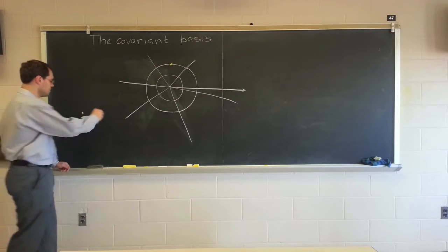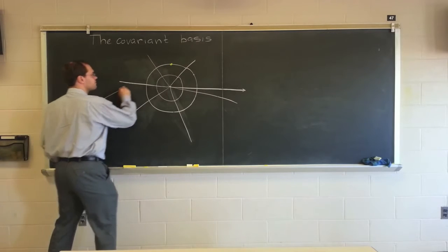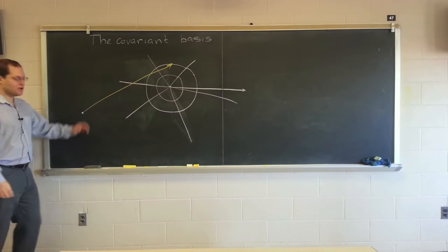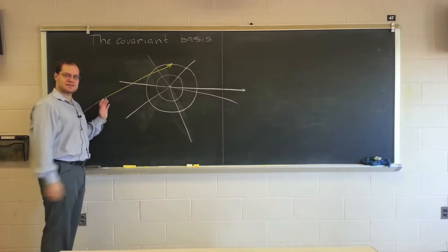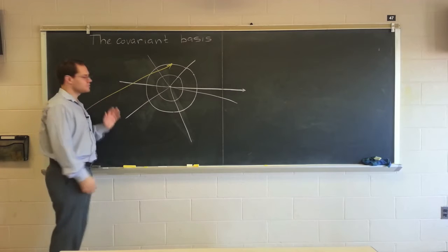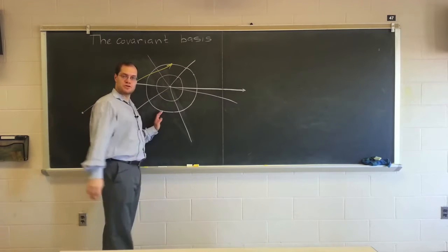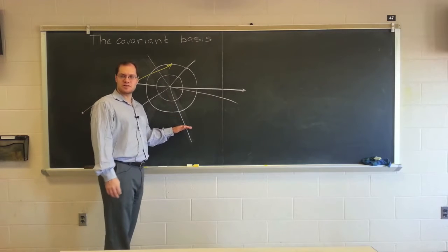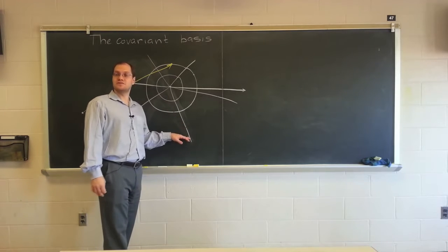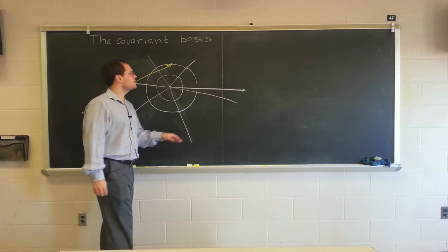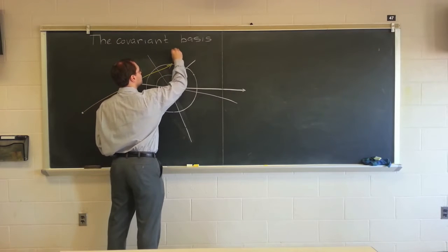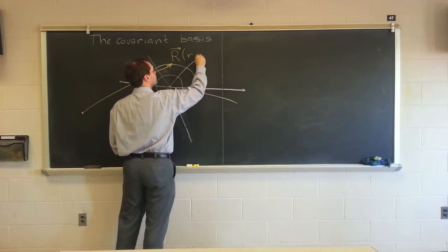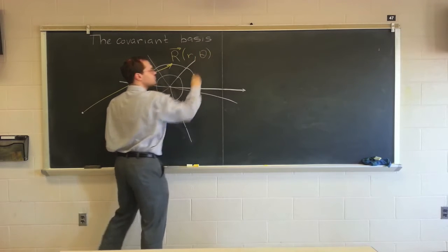So you consider the position vector R. R as a vector field was a perfectly well-formed notion before we introduced the coordinates. But now that we've introduced the coordinates, R becomes a function of two variables, r and theta.